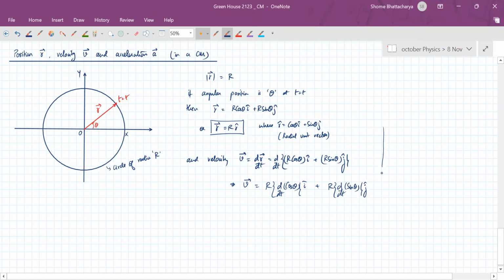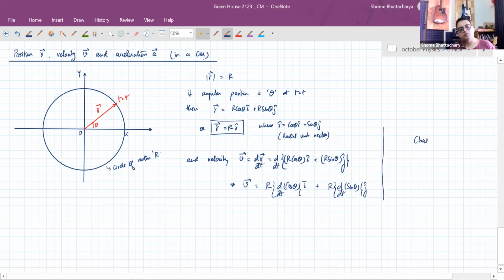Now, when we are differentiating this, we will make use of the chain rule. Differentiation of cos theta with respect to time will become derivative of cos theta into d theta by dt. So that is minus sin theta into omega.